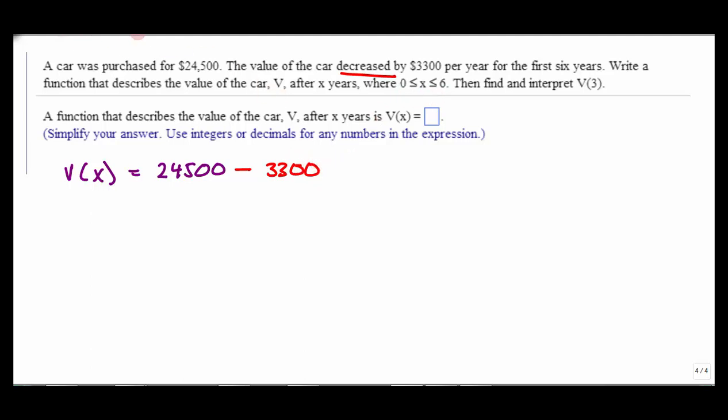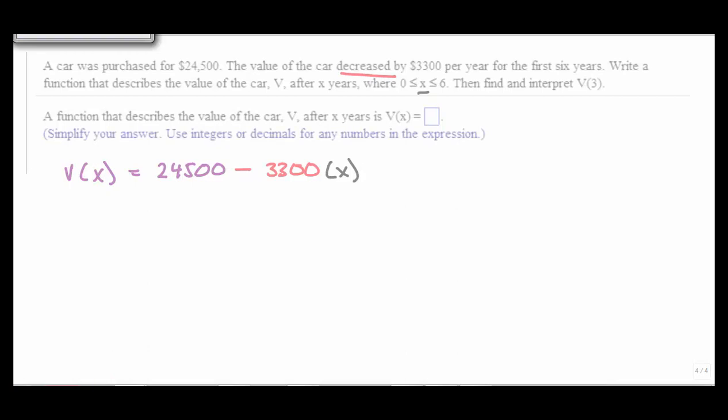So what I want to use here then is the variable x to describe the number of years. So this is what would go in our first blank, as we're trying to figure out an expression that would describe the value of the car after so many years. Now this is only a function that would be good for 6 years. After 6 years it might decrease more, and then from there it could even start increasing, I guess, if the car got old enough. So this is only defined for the first 6 years.